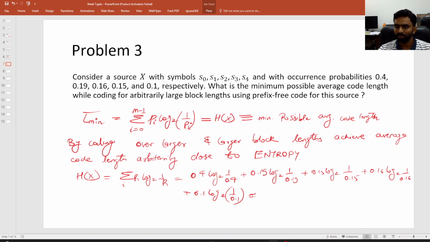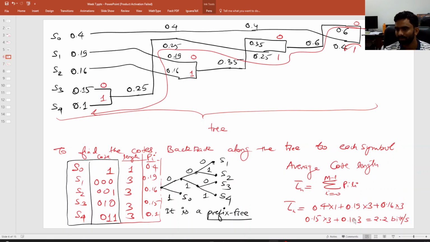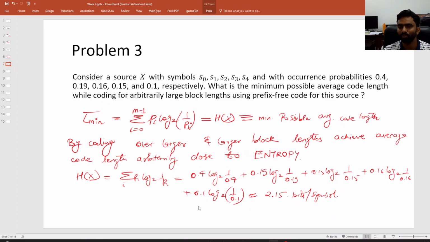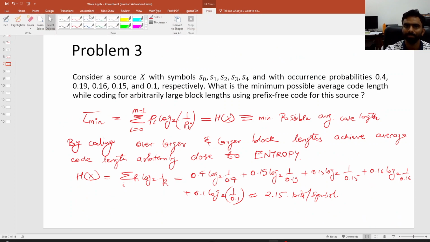That will be nearly equal to 2.1 bits per symbol. And you can also see this is lesser than the obtained Huffman code. For the Huffman code, what do you obtain?